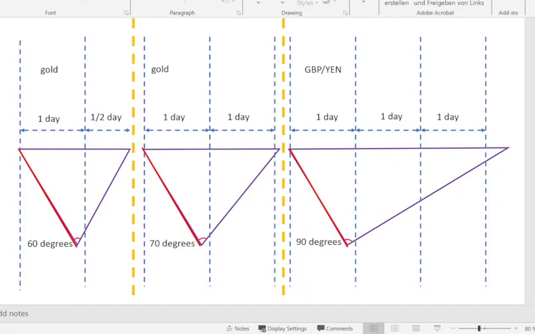For example, for the GBP yen pair, I noticed the angle always forms a 90 degrees angle when it reverses.